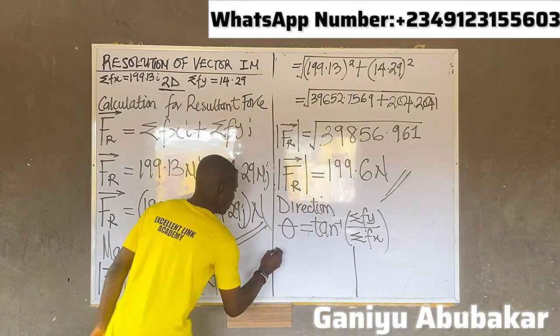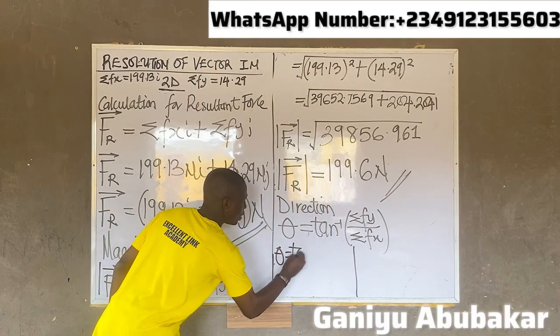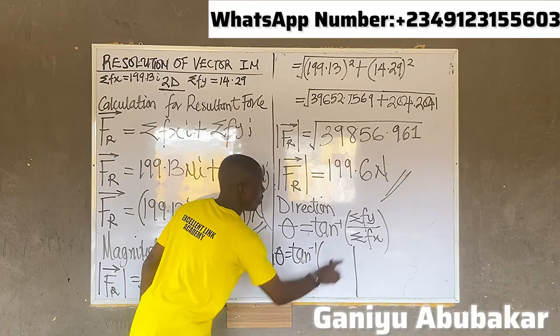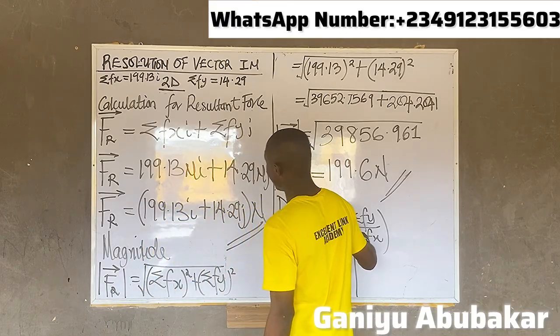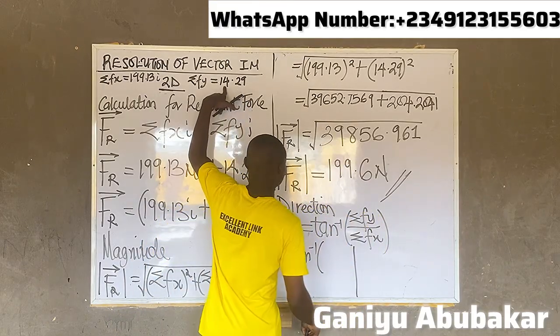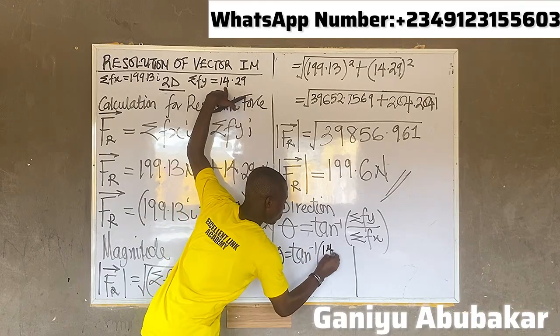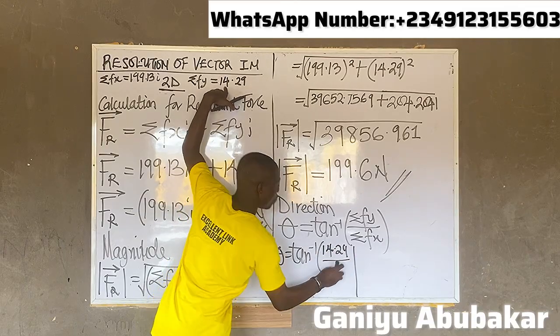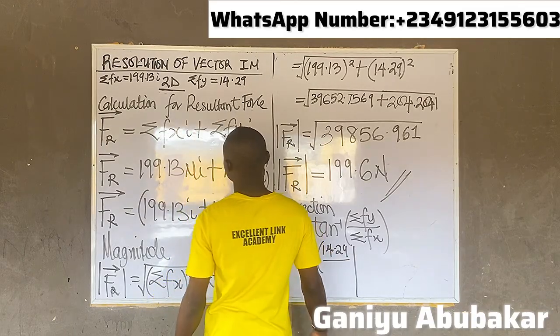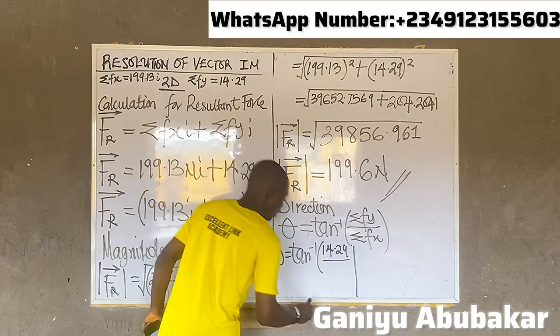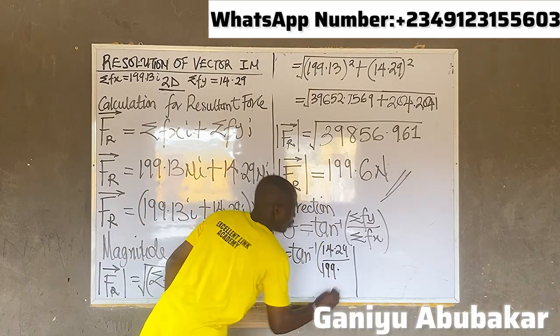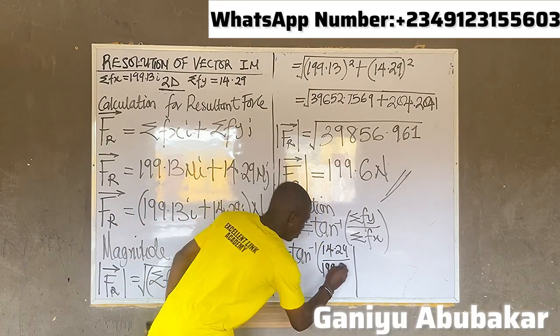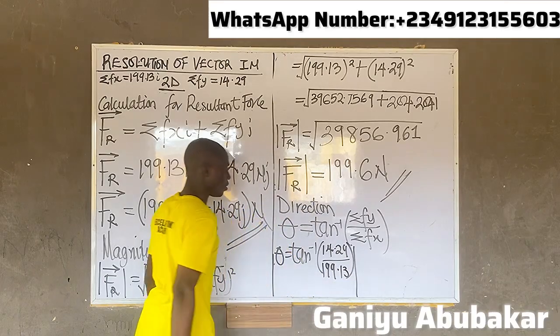So I'm saying that theta is now equal to the tan inverse of f of y, 14.29, over f of x, that's 199.13. All right, I have this.